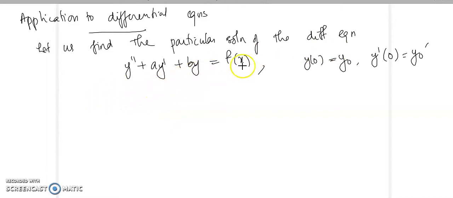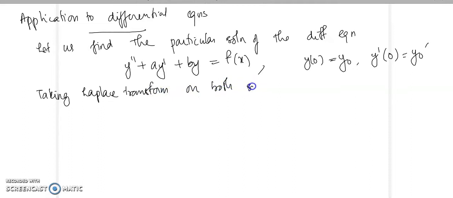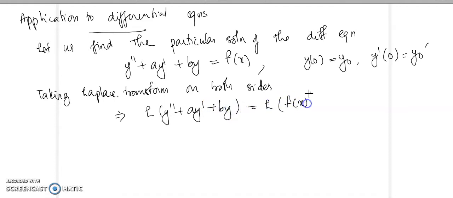So what we do is, you are given this equation. Okay. So you have y double dash plus ay dash plus by equal to f of x. So let us take Laplace transform on both sides. So taking Laplace transform on both sides, that implies L of y double dash plus ay dash plus by equal to L of f of x.